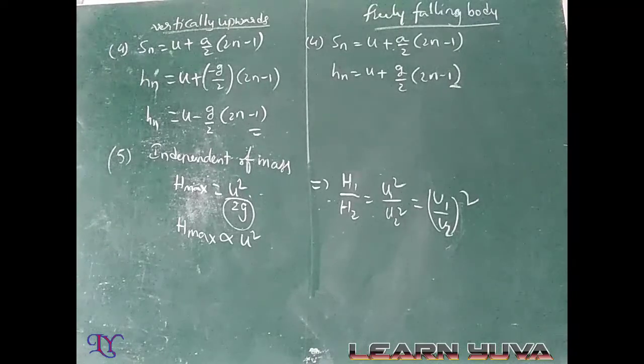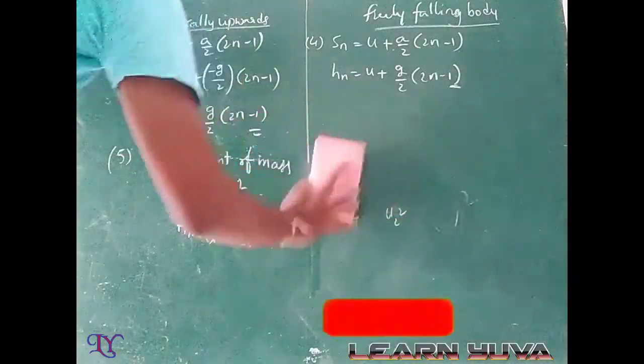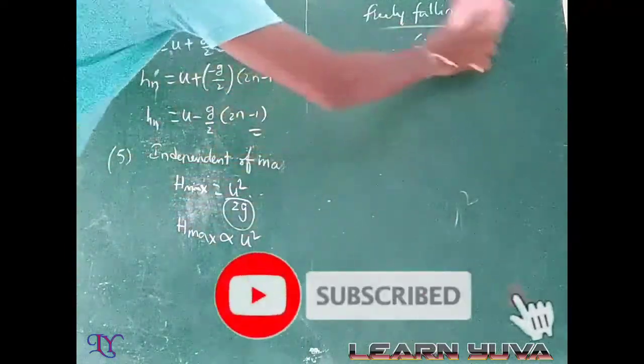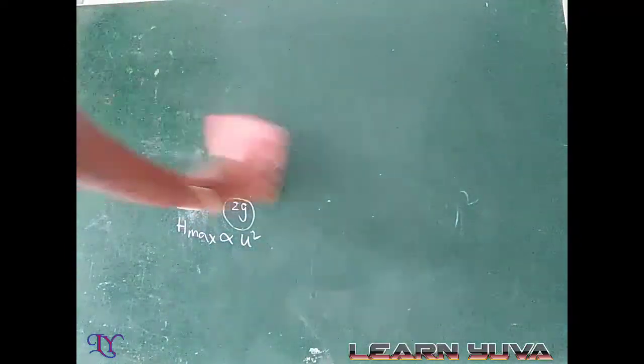So these are the main equations we must know, and along with these there are some more points regarding motion under gravity. I will say them one by one, right? Please listen carefully. These are the direct points.